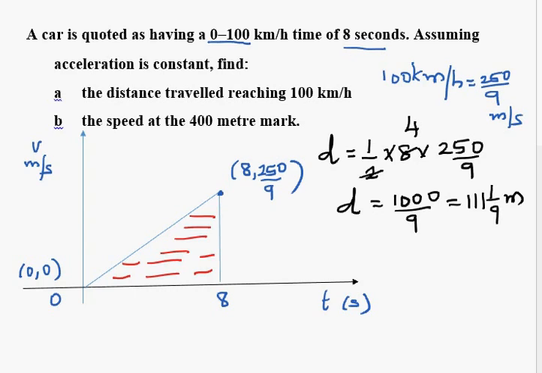The next part of the question is to find the speed when the car has covered the 400 meters mark. The distance covered so far is 111 point something, but now of course we have to assume that the car is having constant acceleration.